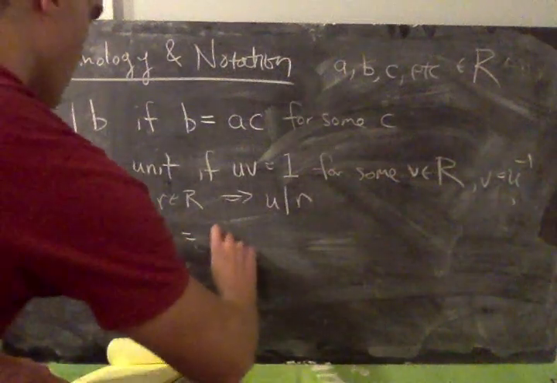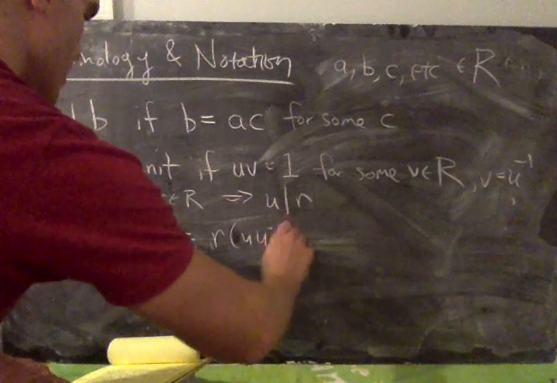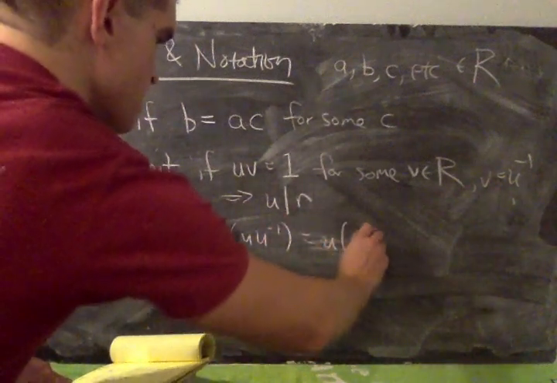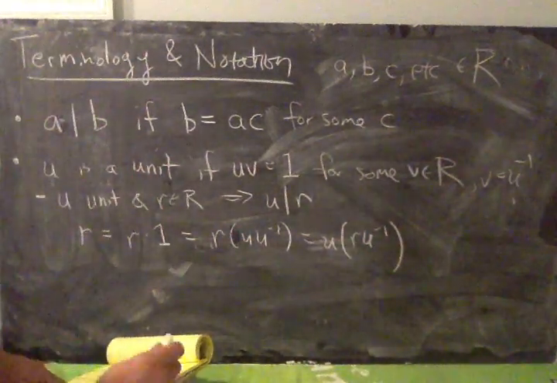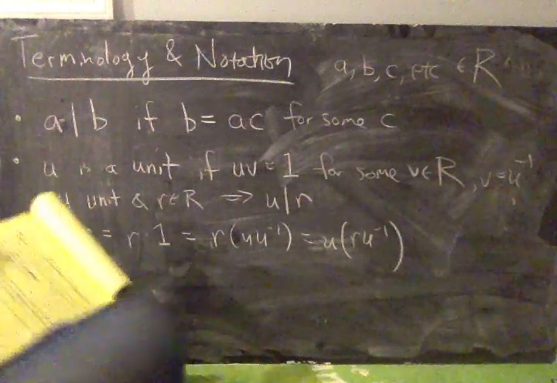So using commutativity and rearranging, we see U times something is R, and so U divides R.